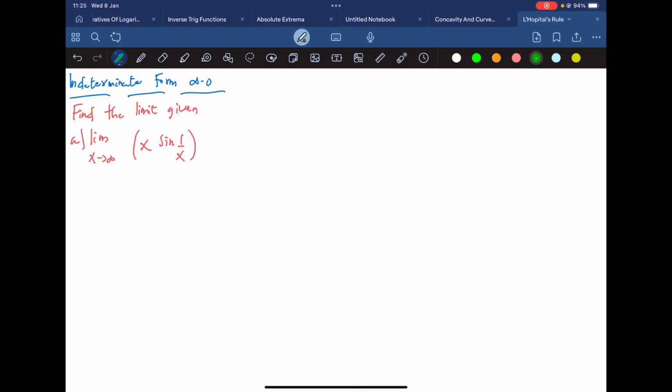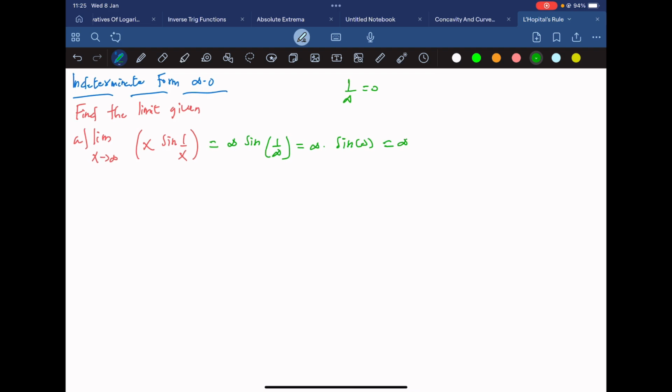So first of all, let's put in infinity. If we do that, we have infinity times sine of 1 over infinity. Now 1 over infinity is 0. So we have sine of 0. So this is just infinity times, and sine of 0 we know is 0.